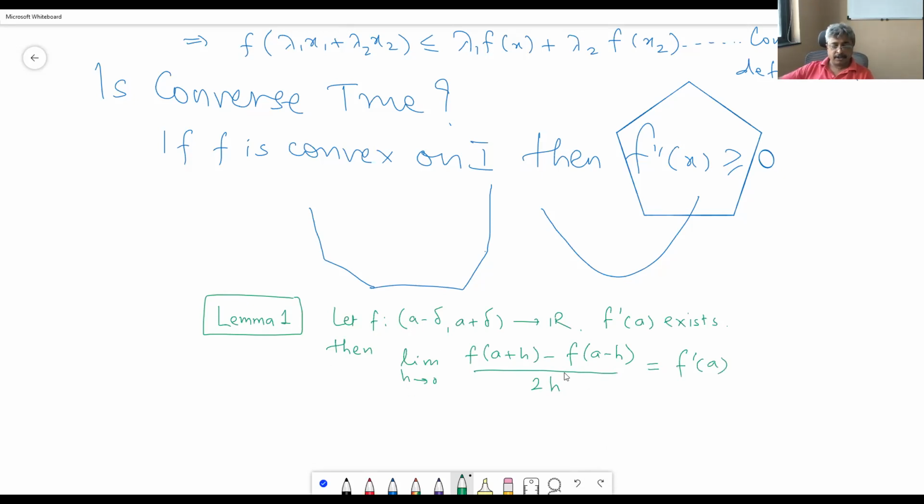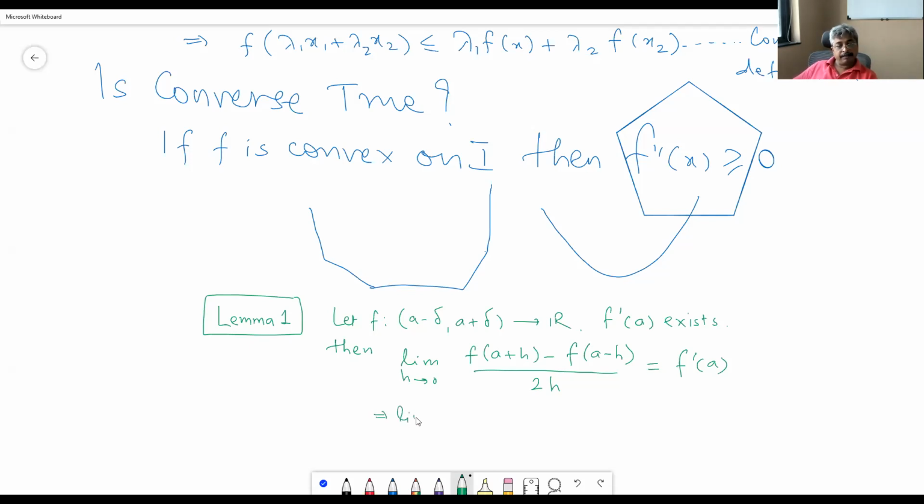This is the first statement of the lemma 1, and it is easy to prove. Please prove. Easy, because a small adjustment and you are there.